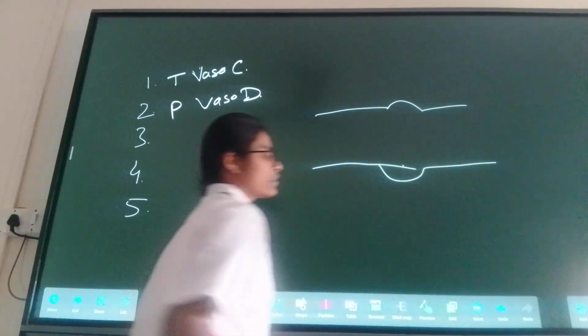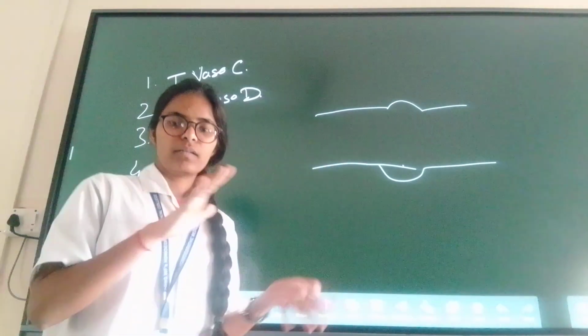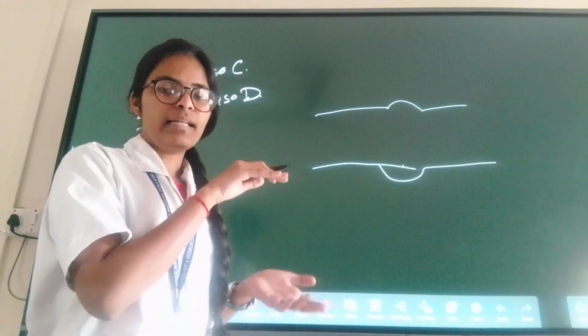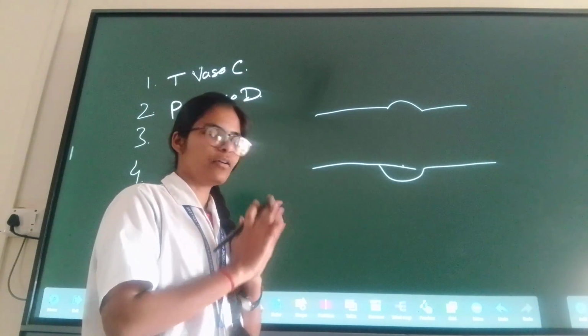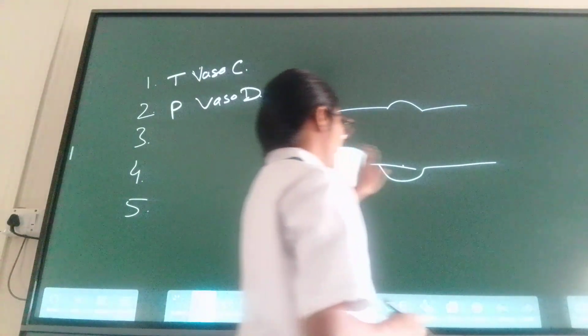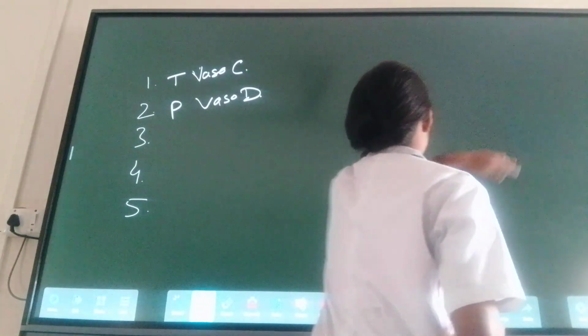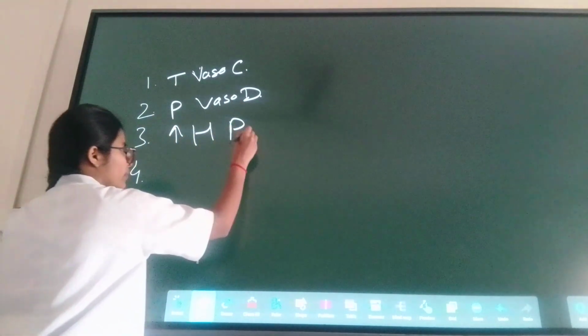Persistent means permanent. The vasodilation will persist; the vasoconstriction was temporary and will be gone, and the vasodilation is permanent.